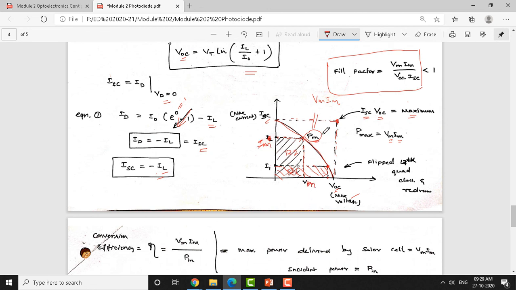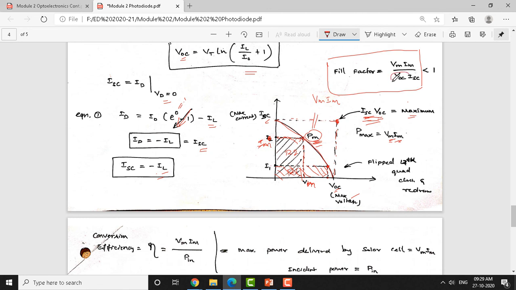Vm into Im is called Pm. Now, if you take the ratio of this area to this bigger rectangular area, the ratio of this to this is called the fill factor. So, this is nothing but Pm, the P max you get here, Vm into Im, to that of VOC into ISC, this bigger rectangular area. The ratio of this gives you the fill factor.